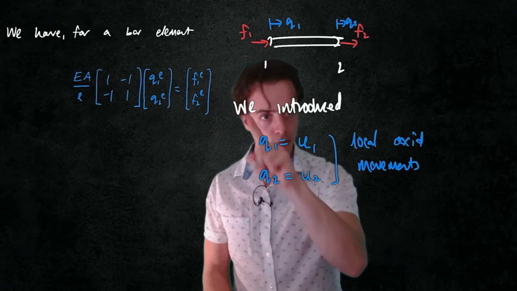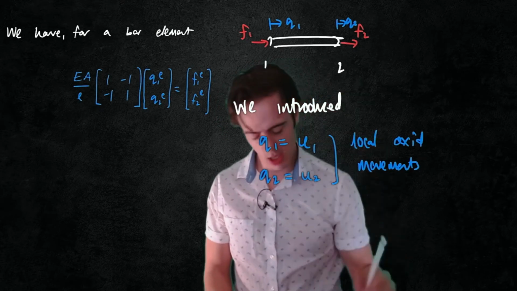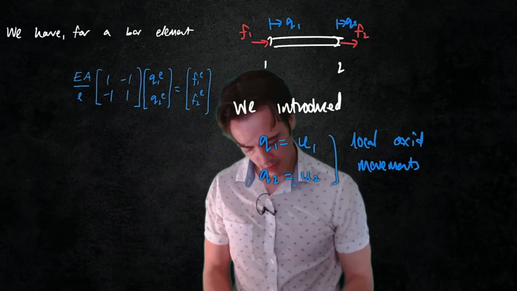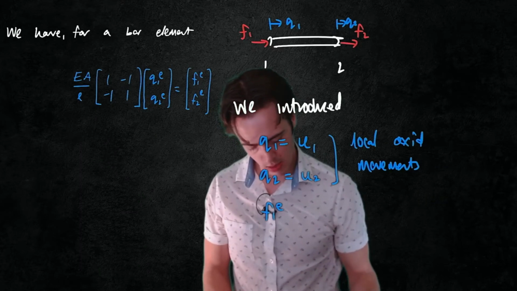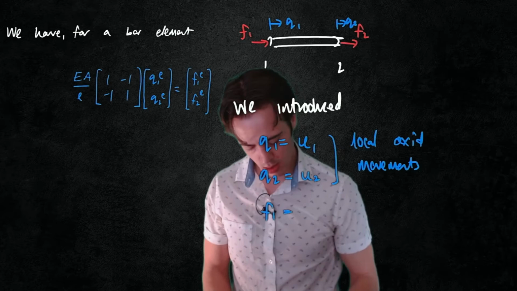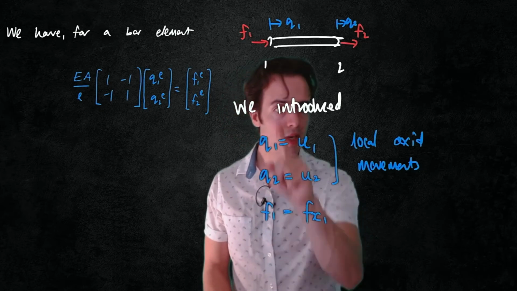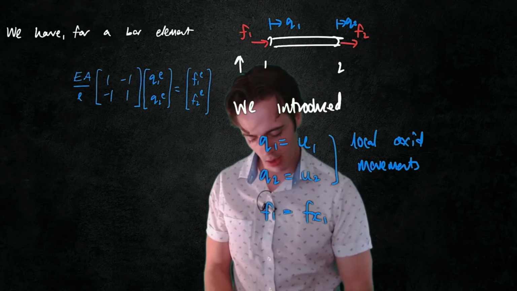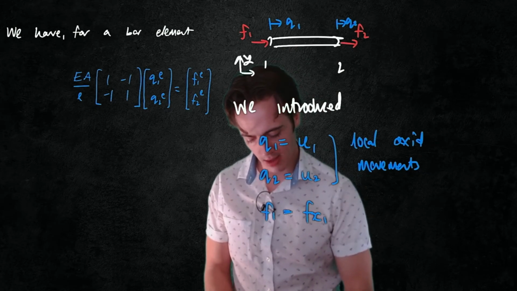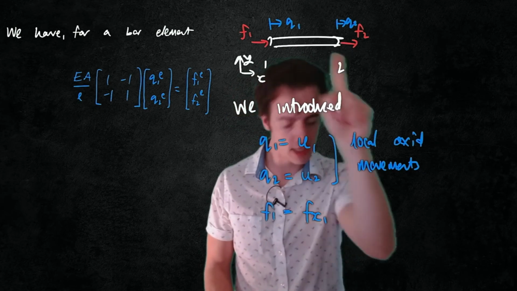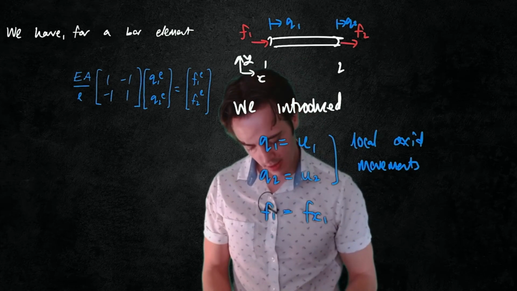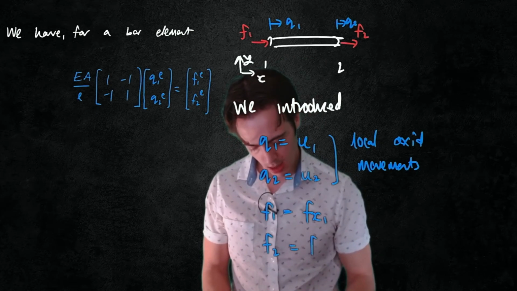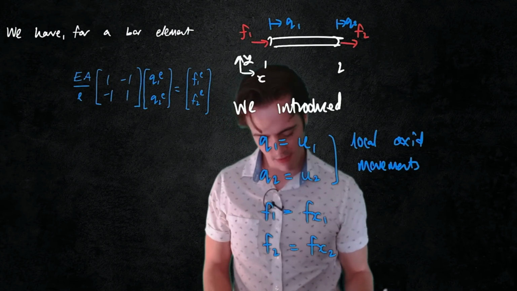And then in this nomenclature, we would have had that F1, well, let's just say that F1 would be Fx1, because that's for this element up here. I've got a local y, so that's lowercase, and a local x, that's lowercase. And then similarly F2 would be Fx2.